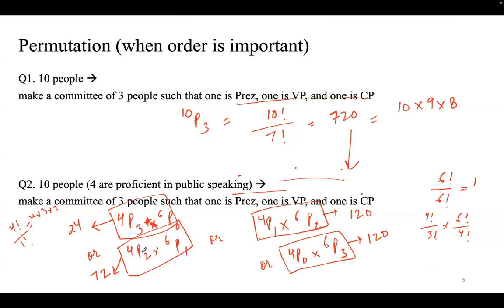So when we are saying 2 people are from the proficient group and 1 from the non-proficient group, who is this 1 person? 1 is chosen from that 6. But for what post? Is it the president, the vice president or the chairperson? So there are 3 options of doing this permutation.